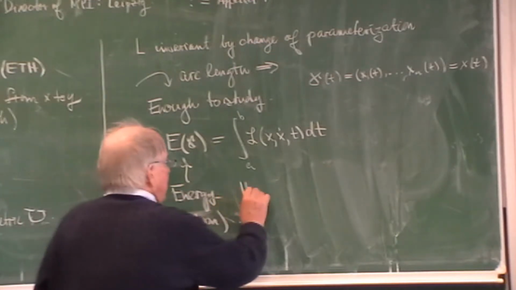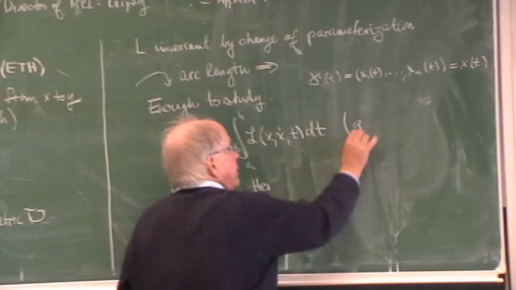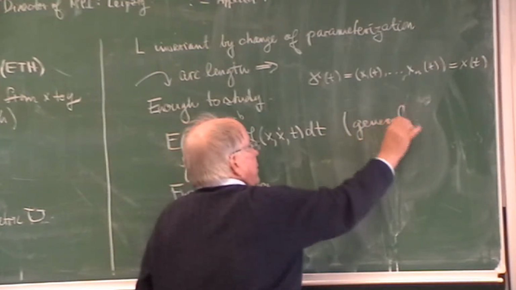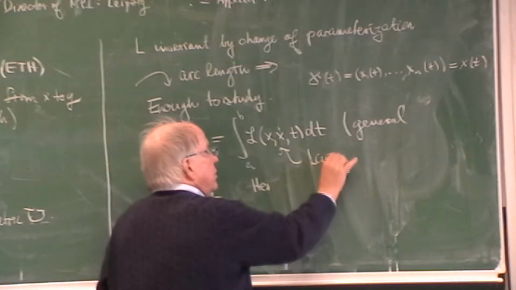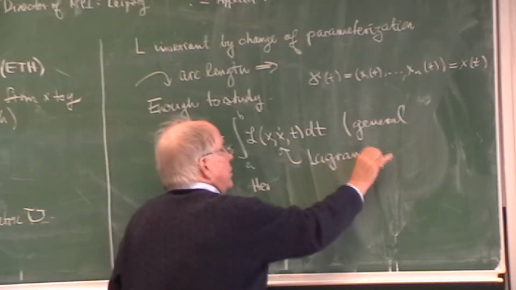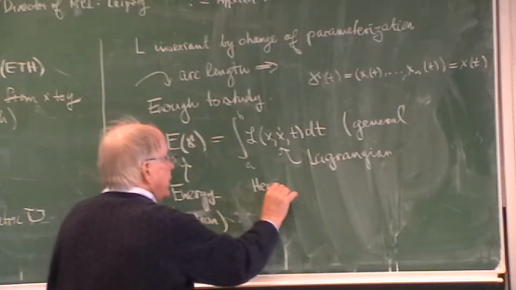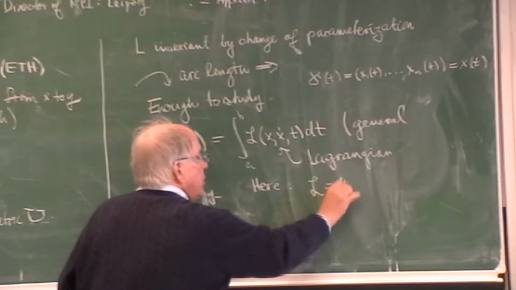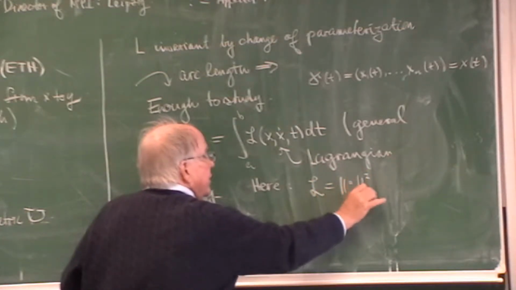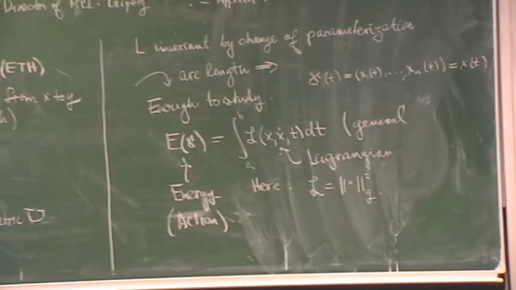So here, this is a general setting: a Lagrangian, which defines an action or an energy. And here, of course, in our case, the Lagrangian is equal to the norm squared. So it's a very simple thing.